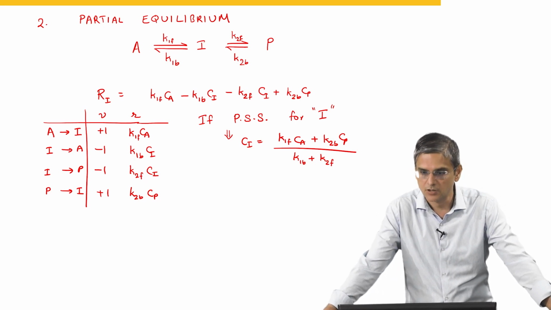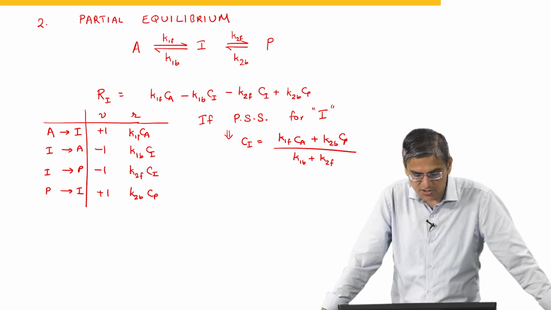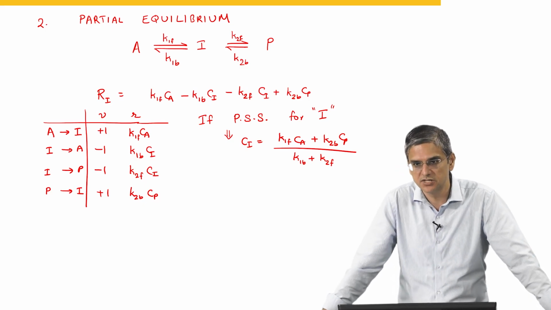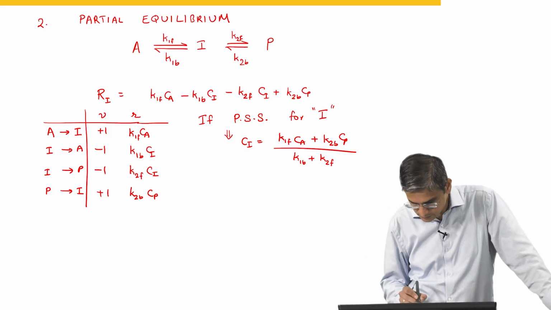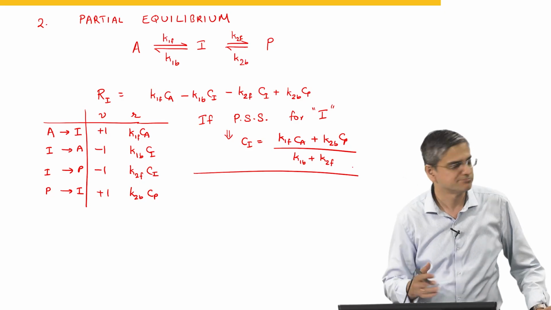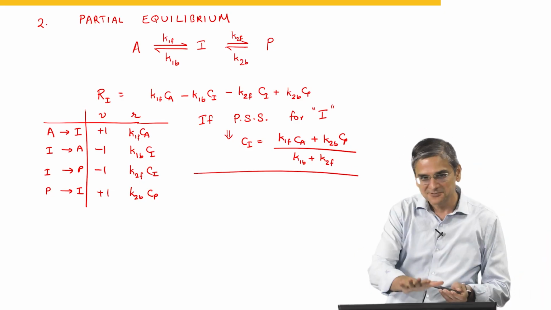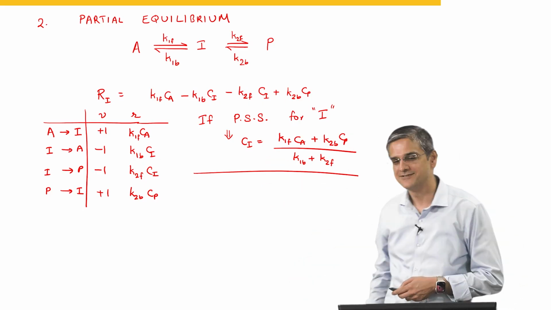Okay. Let us say the first reversible reaction, A going to I, was under equilibrium. Just ignore the second reaction.